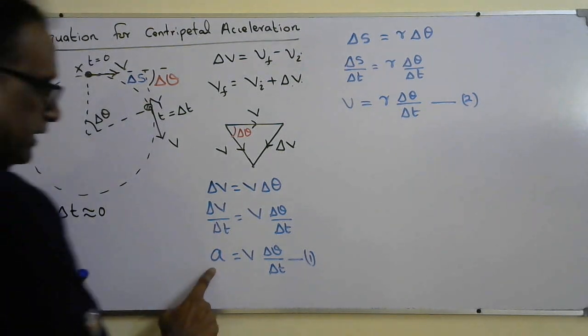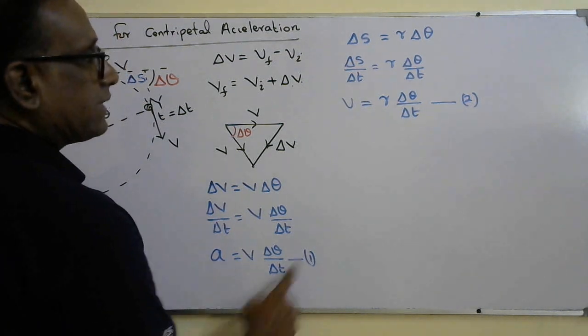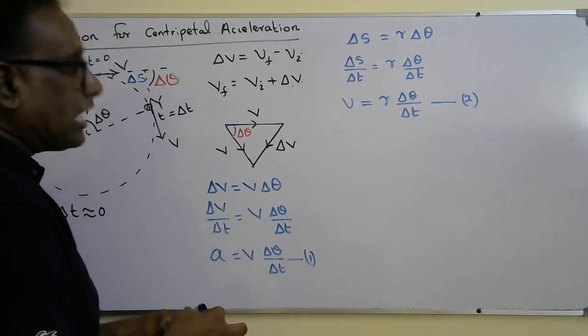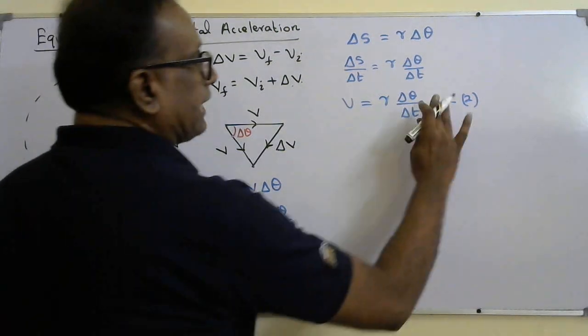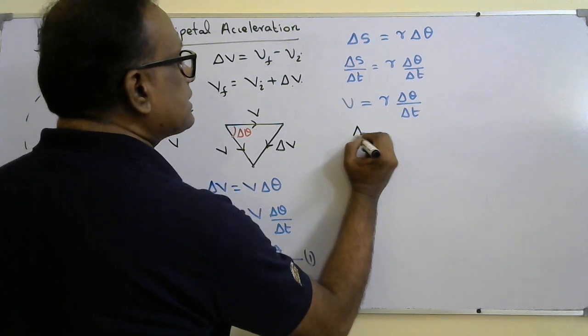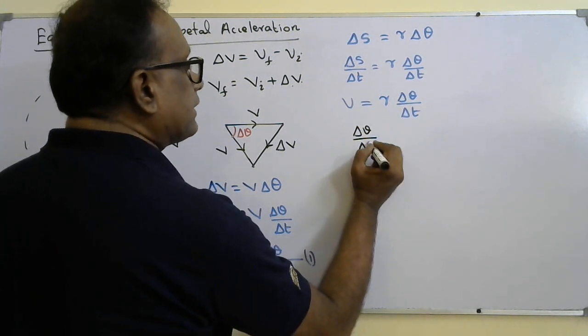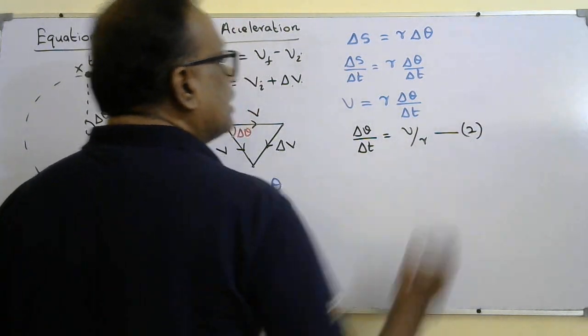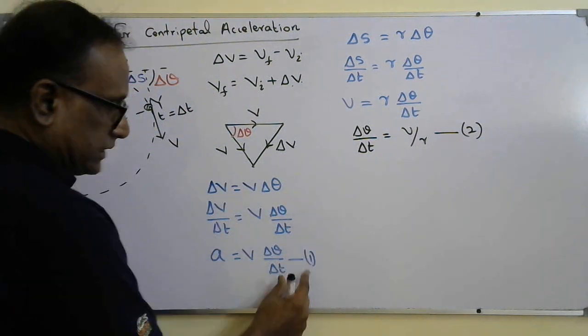Okay, so I almost finished the derivation. In the first equation, a equals v delta theta over delta t. From the second equation I can write delta theta over delta t as the subject: delta theta over delta t equals v over r. So substitute the second equation in the first equation.